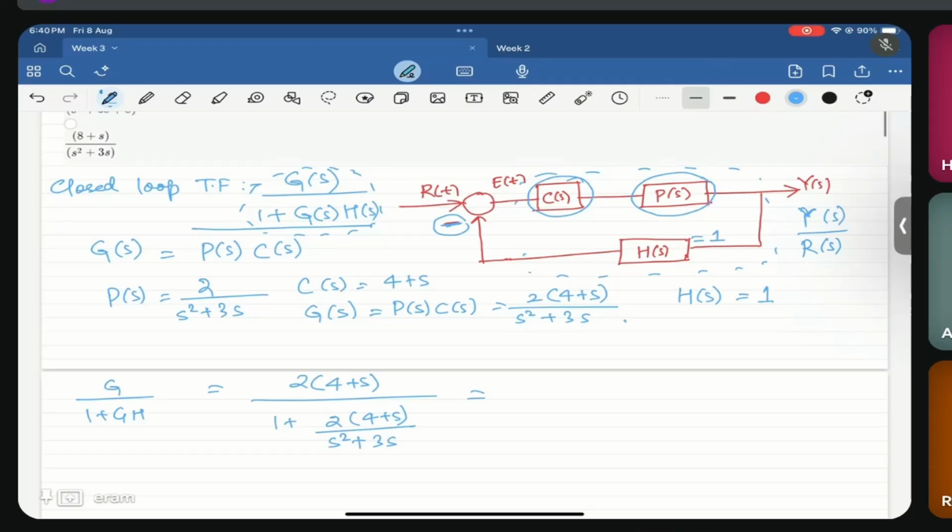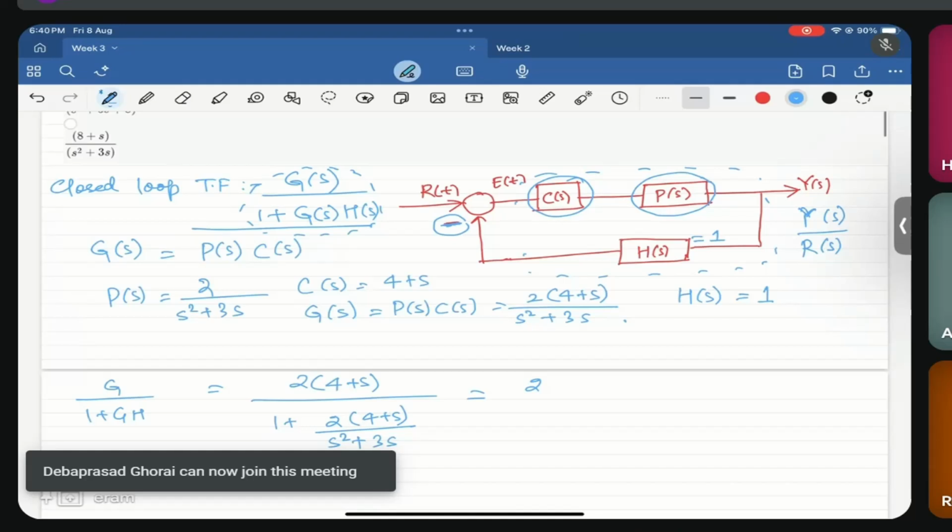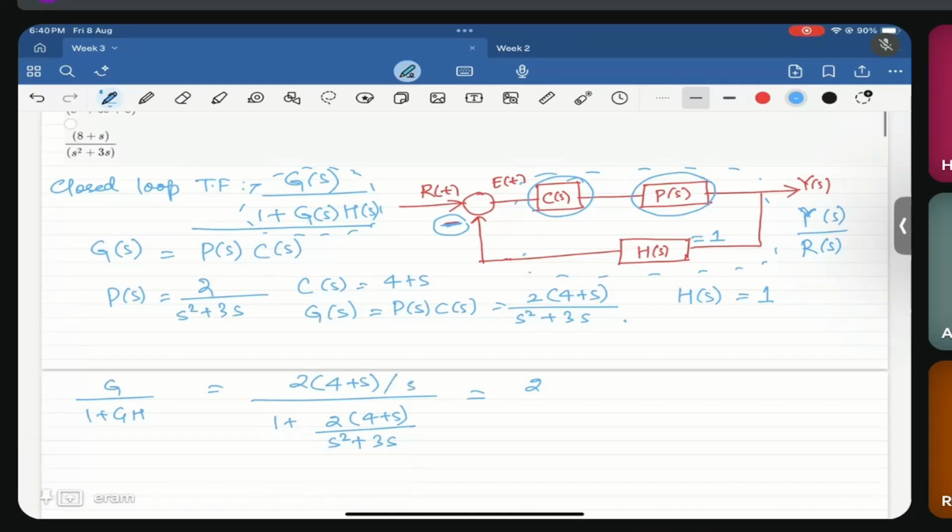The s square plus 3s cancels, so we'll be left with 2(4 plus s) divided by s square plus 3s plus 2(4 plus s).